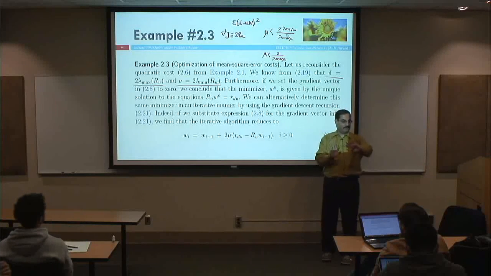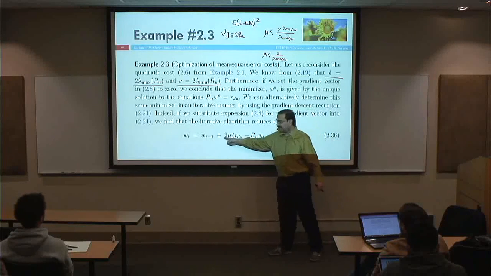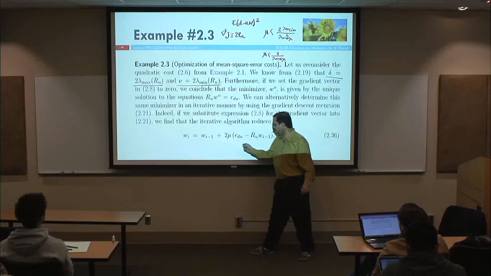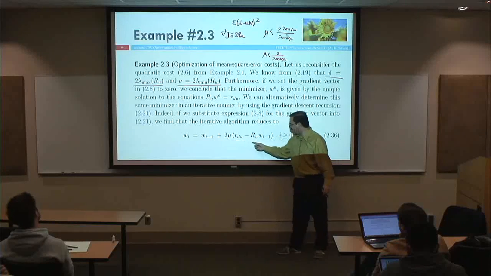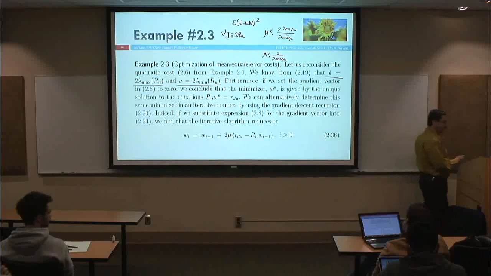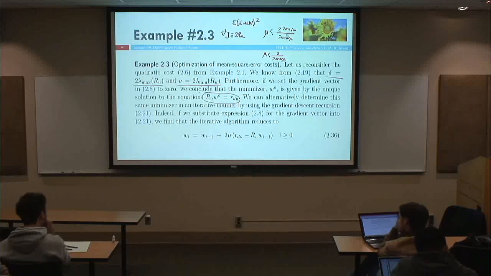If you study without knowledge of this lemma, if you write down exactly what the recursion is in the mean square error case, right? This is the new weight, old weight, step size. This is the gradient. Just write it down. And we know that the optimal solution, which makes the gradient vector equal to 0, satisfies the normal equations, right?